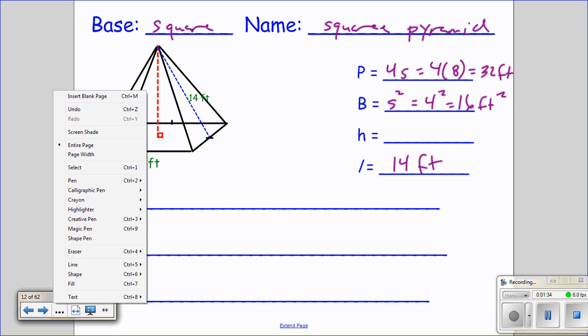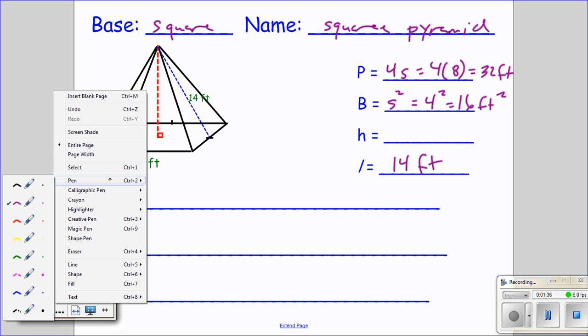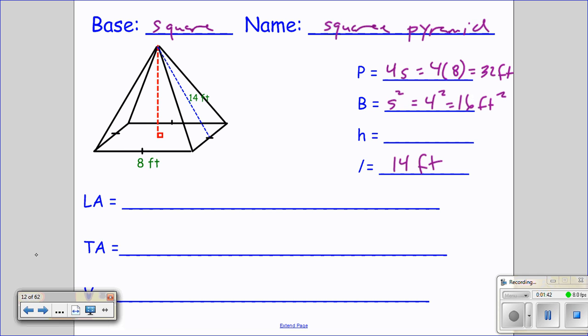To find the 3D height, we're going to use Pythagorean's theorem. Because the 3D height comes to the center of the base, you can draw a line right here that connects to the edge, and it forms a right triangle within your shape.